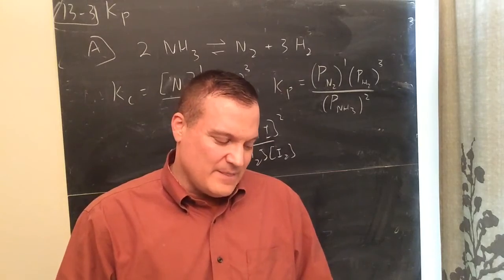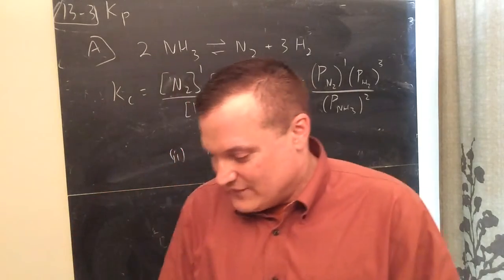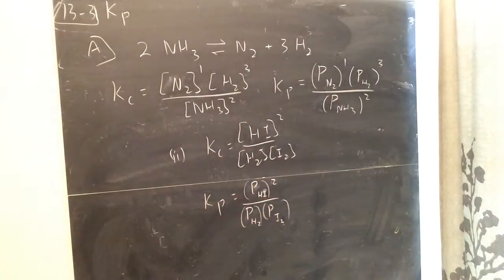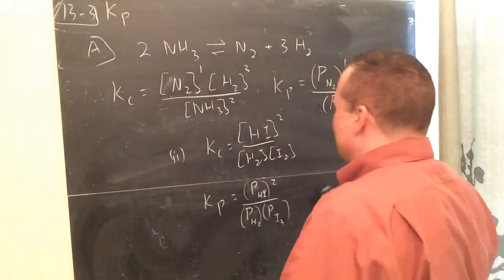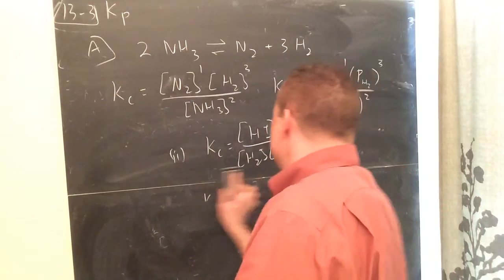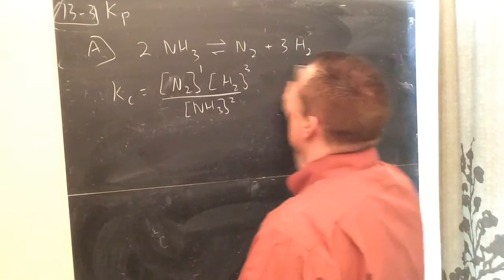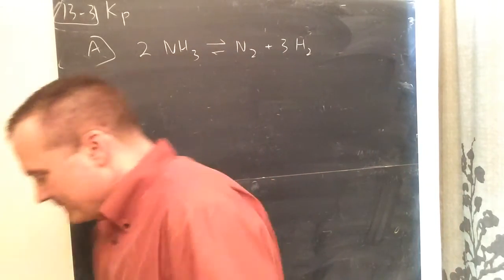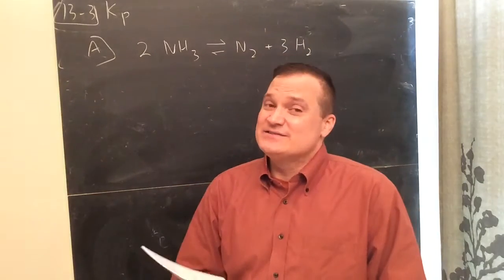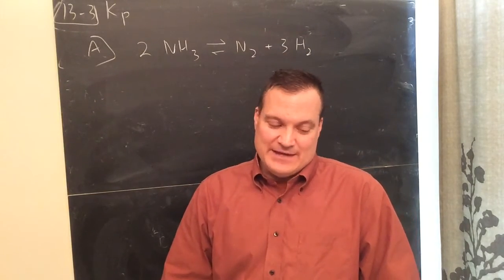But this equation has been discontinued from the AP formula sheet. So when it's discontinued from the AP formula sheet, that tells us that it's not very likely to be asked on AP.